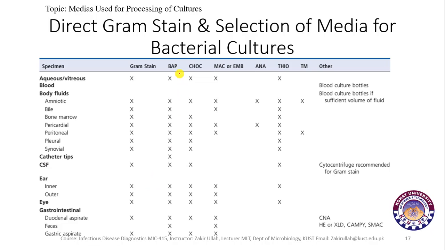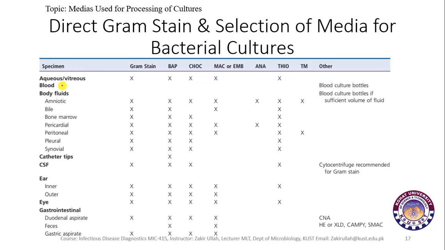This includes blood sheep agar and chocolate agar, MacConkey or EMB, eosin methylene blue agar, anaerobic culture, thioglycolate broth and Thayer-Martin medium in case of certain specimens, and if any other type of culture media is required for the specimen, then it is listed here.